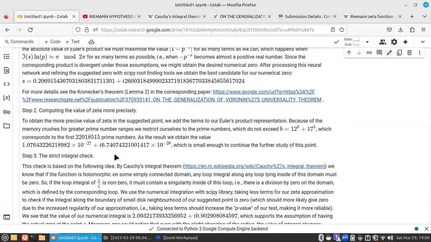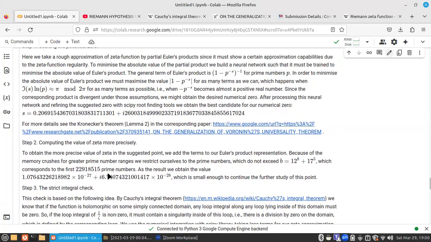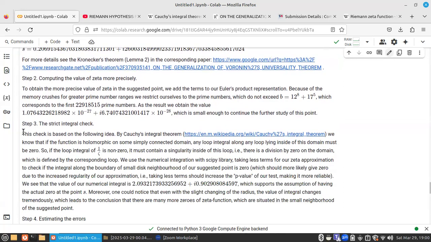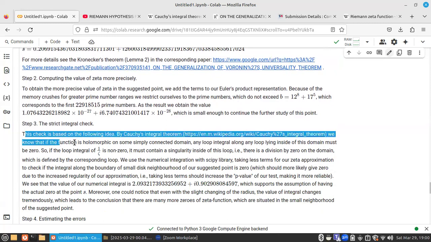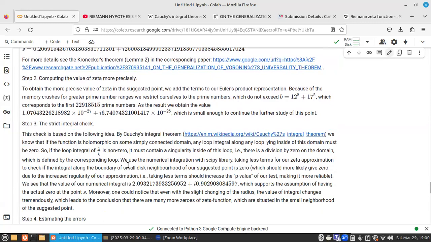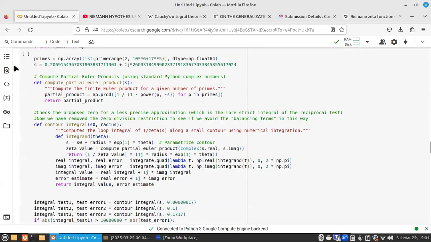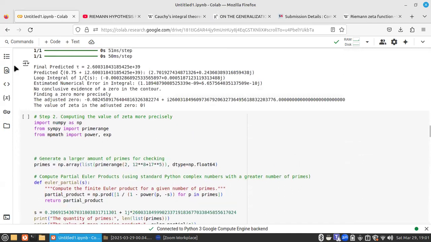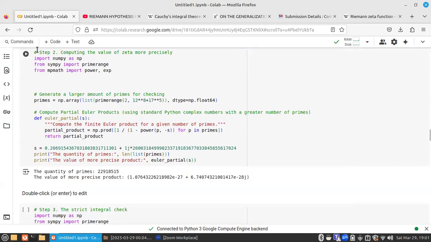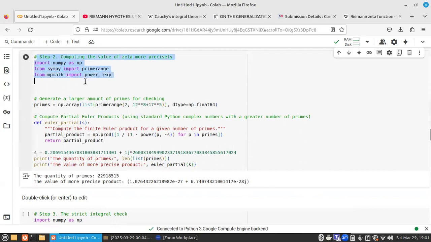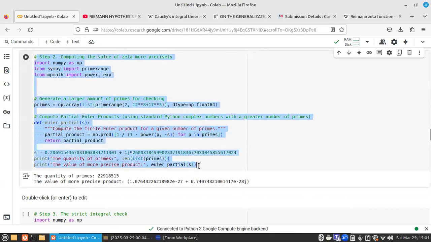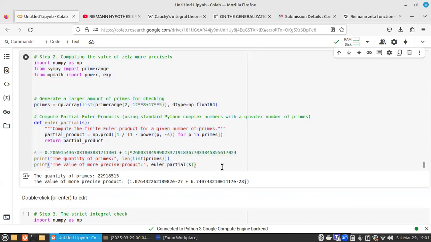But now we need to verify that it is actually a zero. So we take a strict integral check by using Cauchy's integral theorem as before. I shall show you those code snippets. So here is the snippet for our computation of the value of the Euler product.